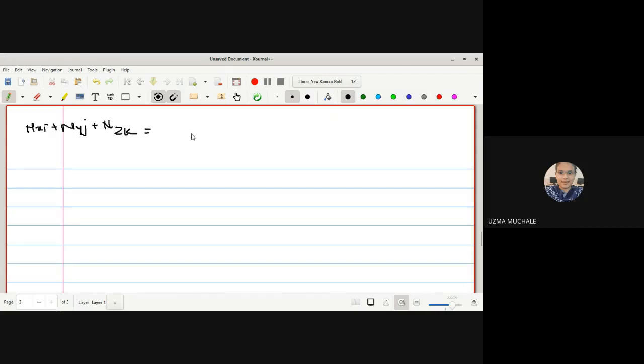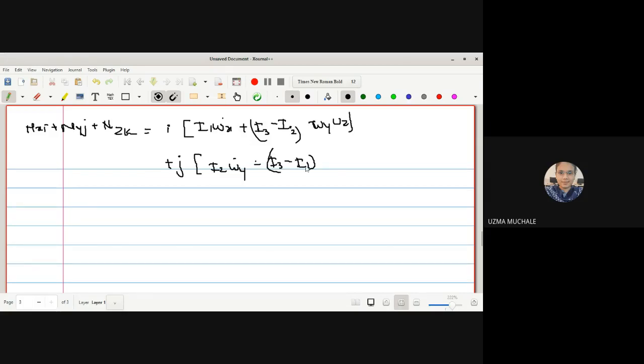Nx i plus Ny j plus Nz k is equal to, now let me keep all the terms with i: taking i common, I1 omega x dot plus I3 minus I2 omega y omega z, plus j times I2 omega y dot minus I3 minus I1 omega x omega z, plus k times I3 omega z dot plus I2 minus I1 omega x omega y.